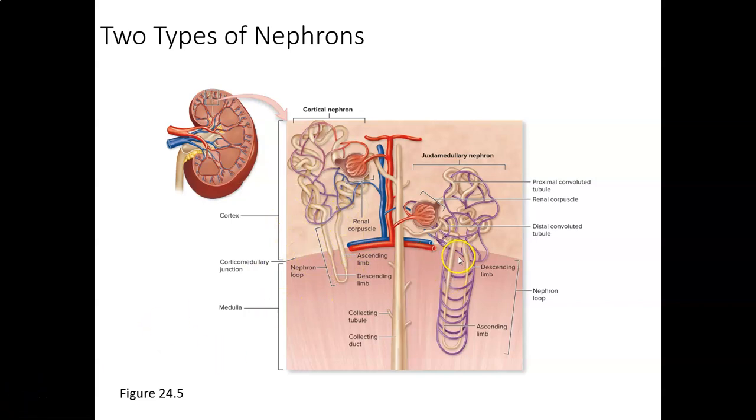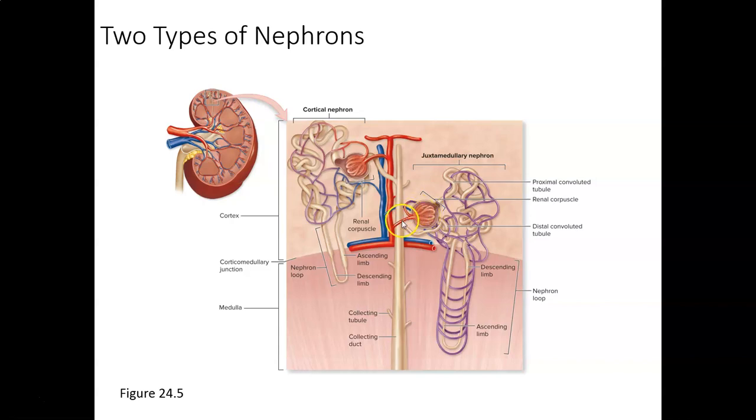Another thing I want to point out in this diagram is the blood vessels, the blood circulation surrounding the nephron. In the last diagram we only talked about the glomerulus, the capillaries where the filtration of the blood happens, where plasma flows out from those capillaries.